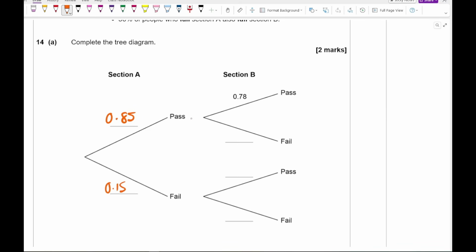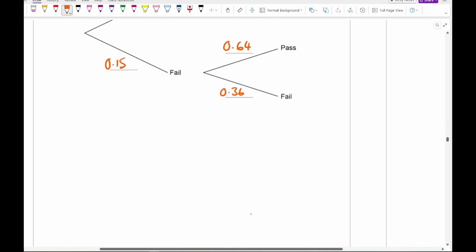A pass from section A and a pass on B is 0.78, so that means that this probability here is going to be 0.22. And from what's written in the question, the probability of passing the second test if you've failed section A is going to be 0.64, giving us a fail on section B as 0.36. So there is my completed tree diagram.